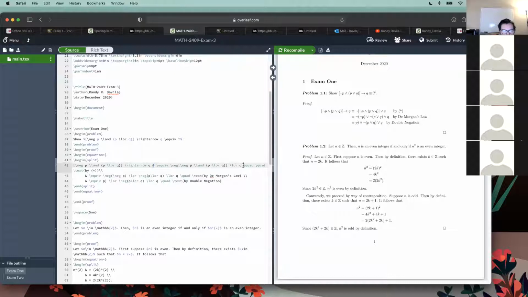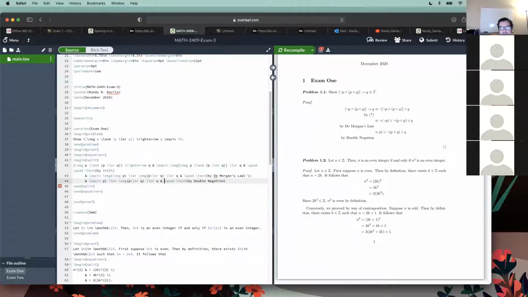So what if I do an and right there, an and right there, and an and right there? Does that give me an error? It won't fit it, but let me get rid of the quads and see what happens. The ands, by the way, they try to line up.